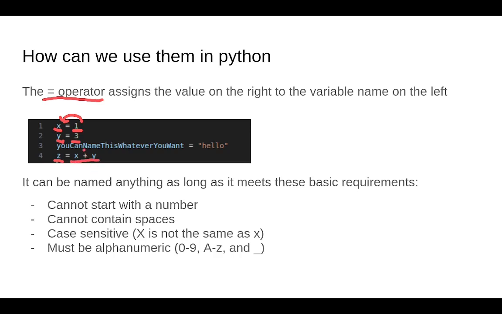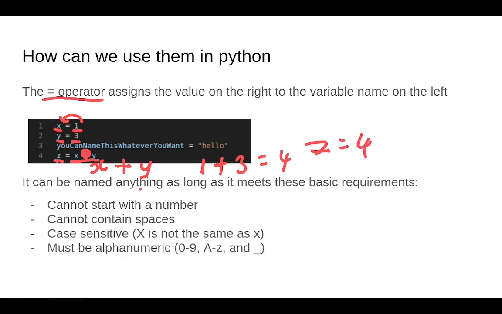And the plus is another operator, plus sign. This is for addition. So it will add x and y together. And you can see here, x is 1. So it will add 1 to the value of y, which is 3. So 1 plus 3 is 4, which means z is being set to 4.